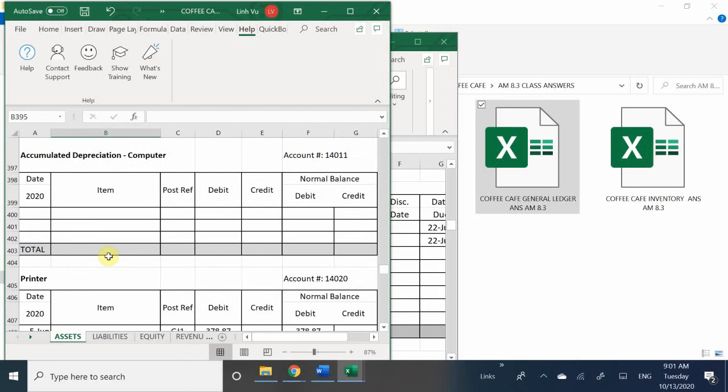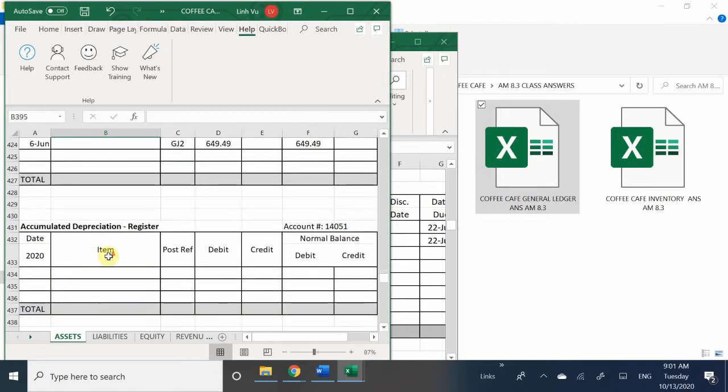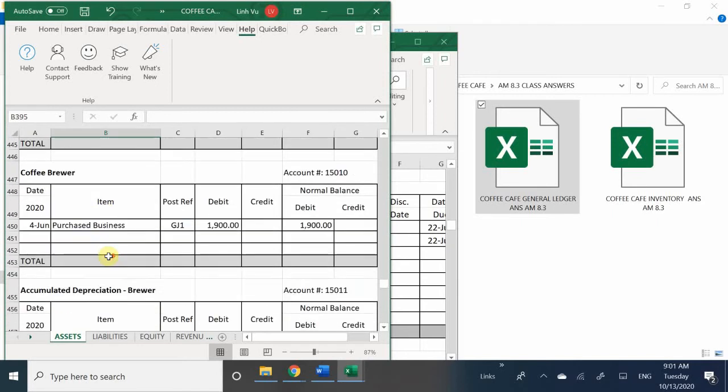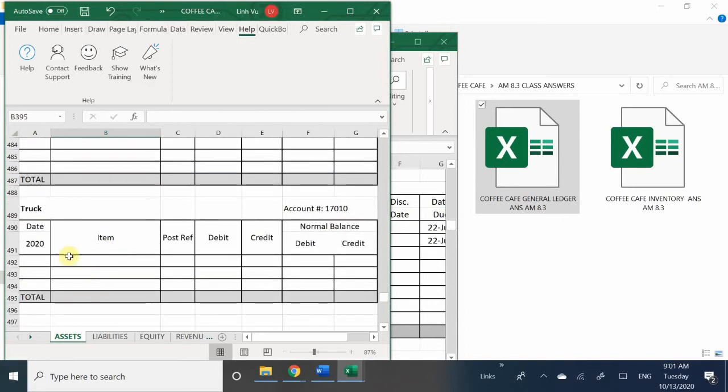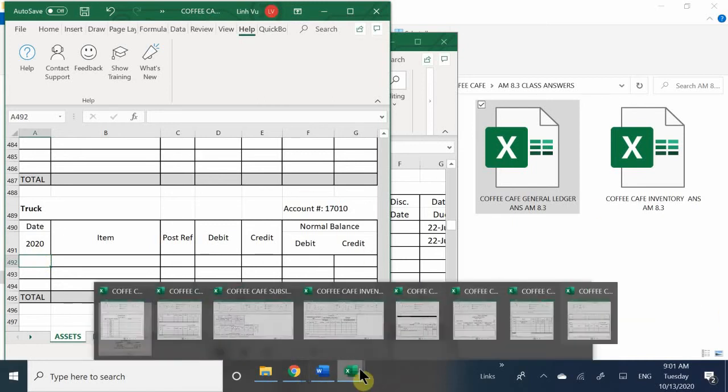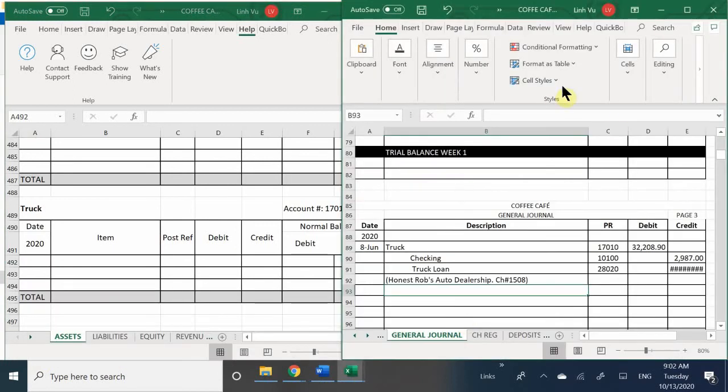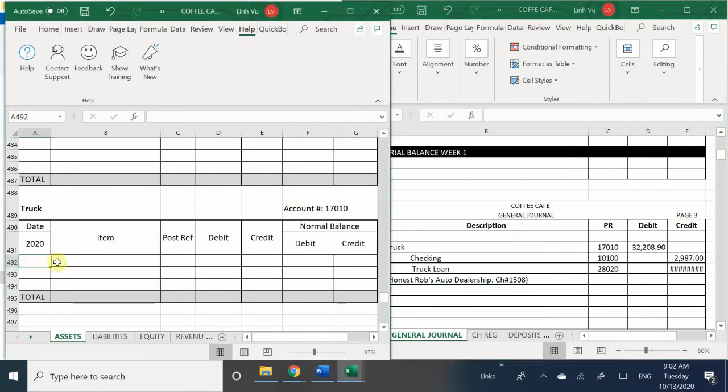So here is a printer. I missed it. Here you go, truck. Okay, this should be page 14 on the Word document. Just like how you journalized it in your journal, you're going to reflect it here. So I'm going to write the date, June 8, truck.